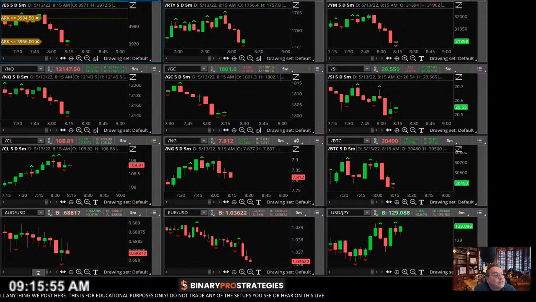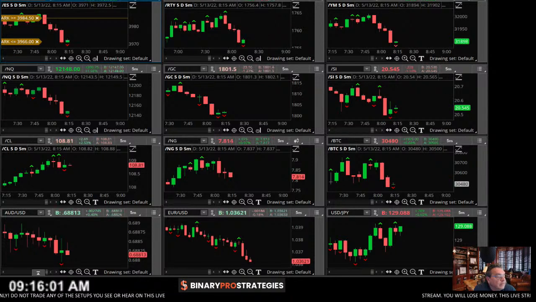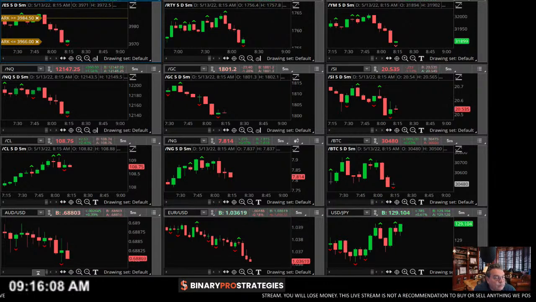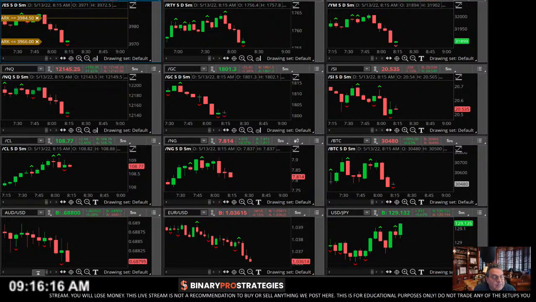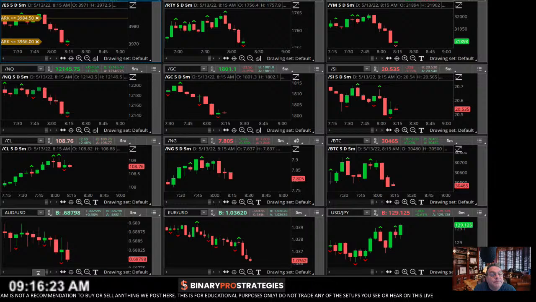Still short ES. Still watching to see if we're going to get a short on this Euro US. Had a buy on the yen, missed the yen buy on the US yen.